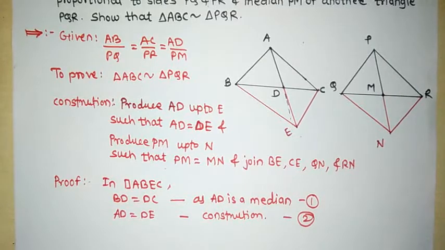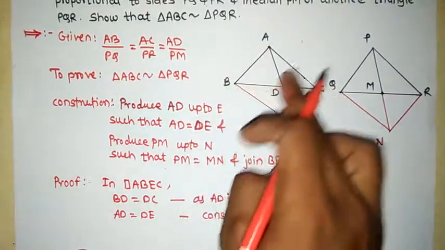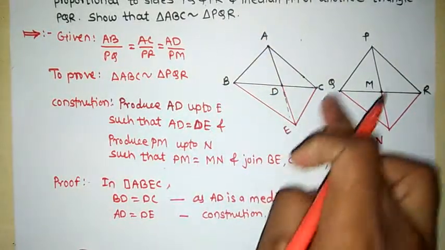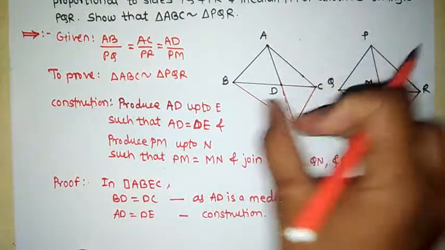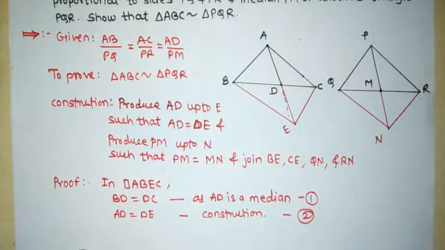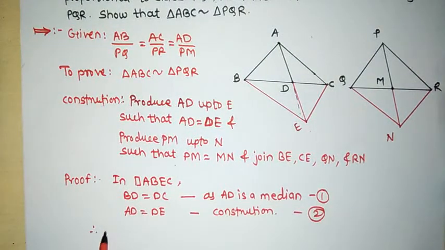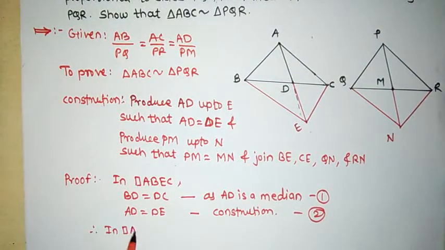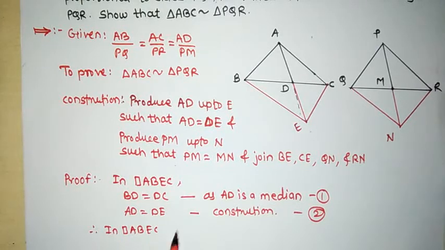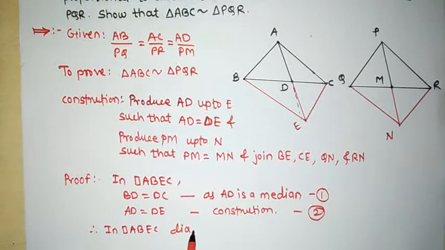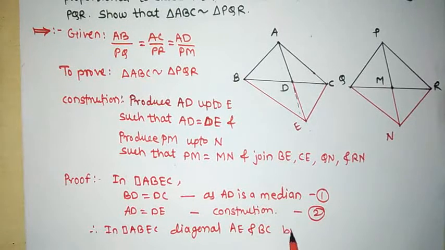Now see here, in the quadrilateral ABEC, we got AD is equal to DE and BD is equal to DC. From this we can say that in quadrilateral ABEC, diagonals AE and BC bisect each other.